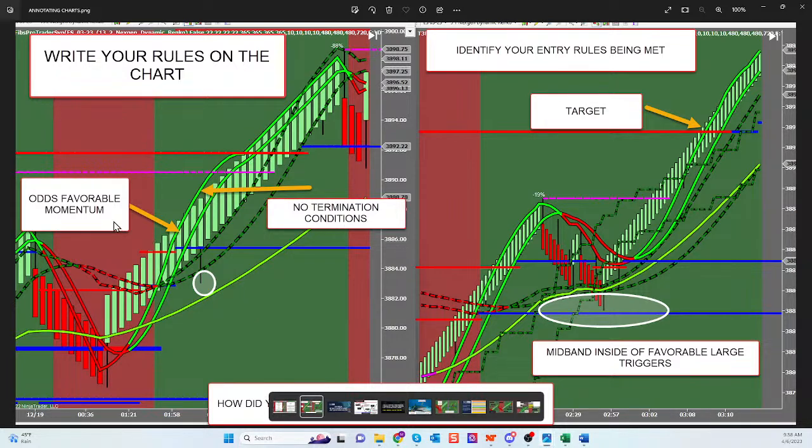Odds favorable momentum. No termination conditions. Area inside of favorable large triggers. And what it does is it keeps you focused on what's important. And it's going to help you eliminate opinions. Folger, does that make sense? If you had only focused on the language, you would have taken 3 trades there. And you would have taken 3 winners.